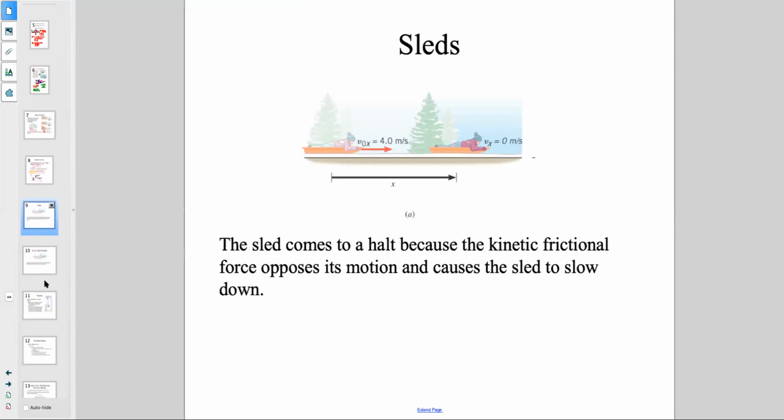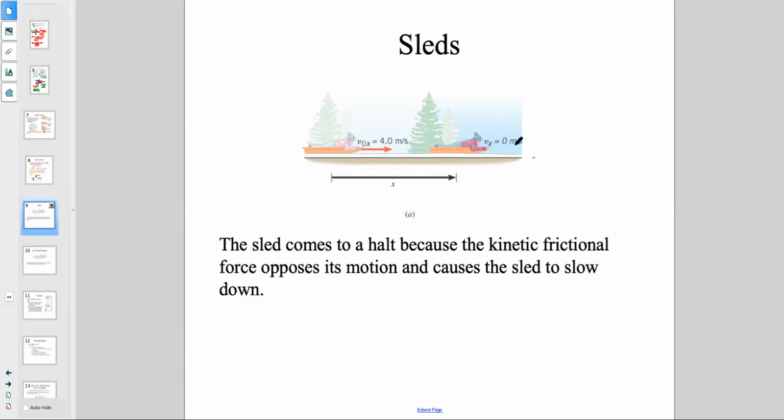Okay, so sleds. The sled comes to a halt because the kinetic frictional force opposes motion and causes the sled to slow down. As we know, the initial velocity v0x is 4 meters per second. After traveling a distance x, it comes to rest at v final, or vx, equals 0 meters per second.